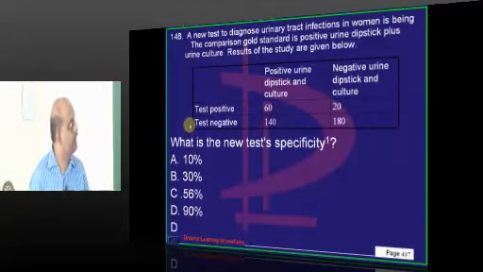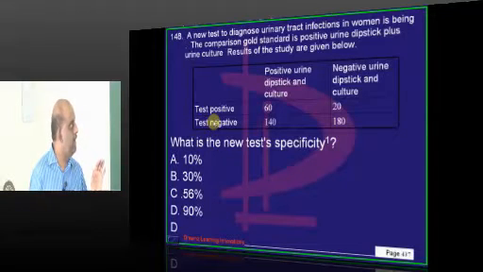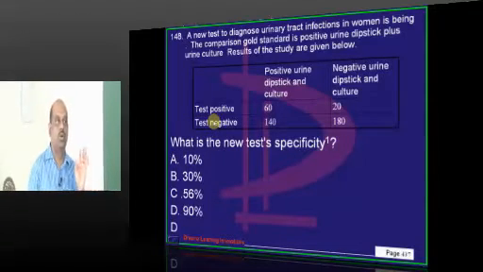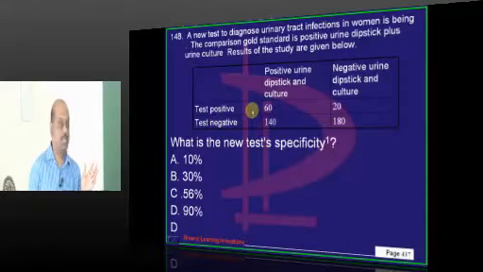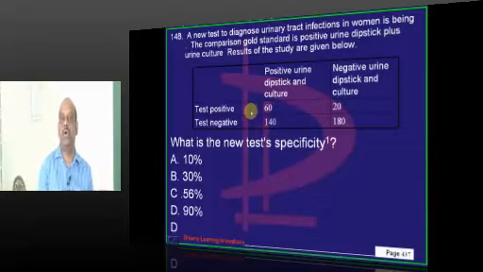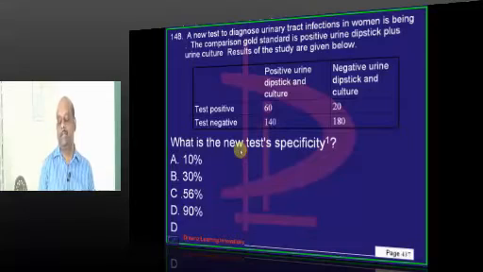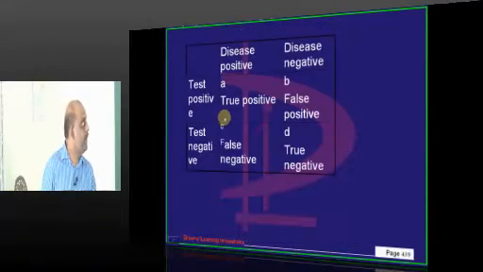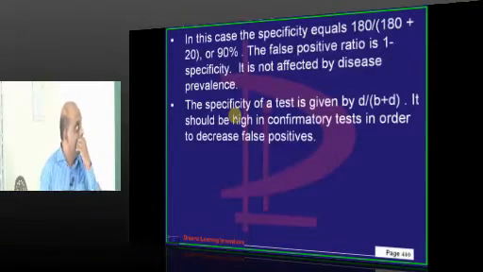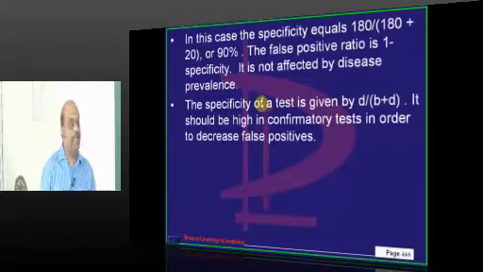Now, we have been given true positives, true negatives, false positives, false negatives, and we need to calculate what is specificity. As we already discussed, to calculate specificity, you need to know the formula.